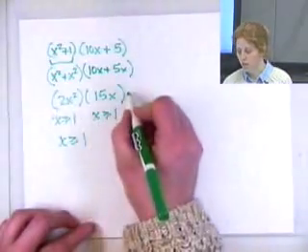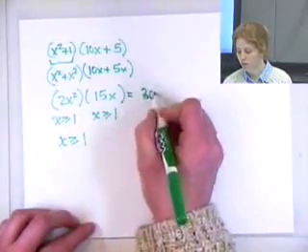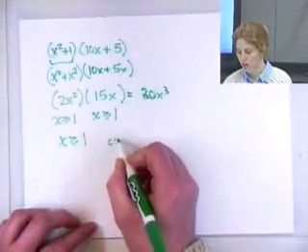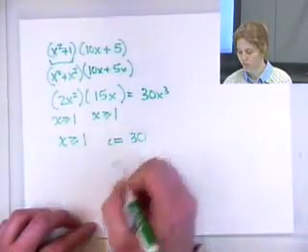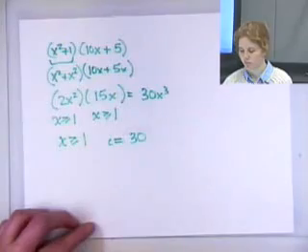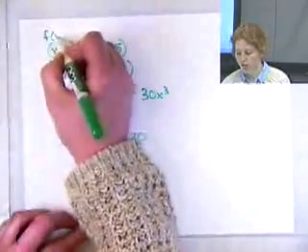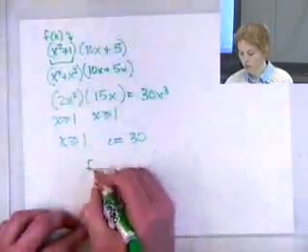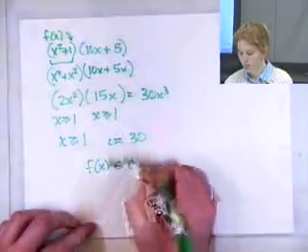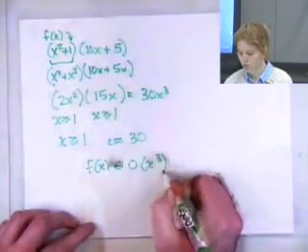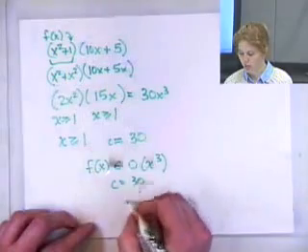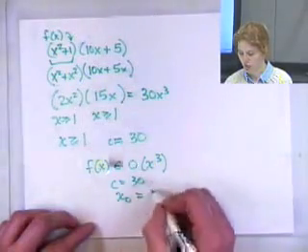I multiply these out and get 30x cubed, so my constant is equal to 30. So if this is f of x, then f of x is in big O of x cubed, where c equals 30 and my start value, x0, is equal to 1.